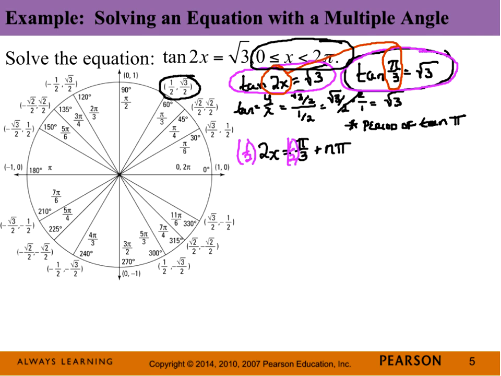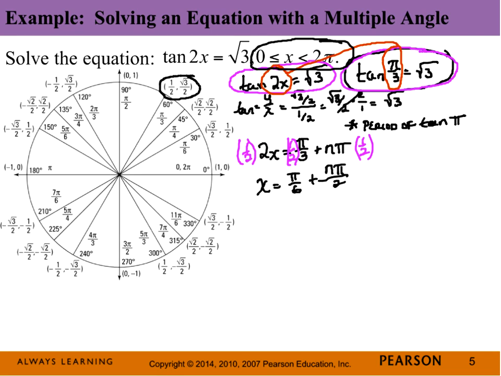So I'll multiply by 1/2 here and here. All right, so that still leaves us with x, and then I still have pi over 6 here. But now I can add on some integer times pi over 2 for the rest of the solutions.